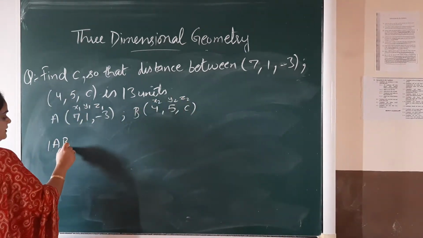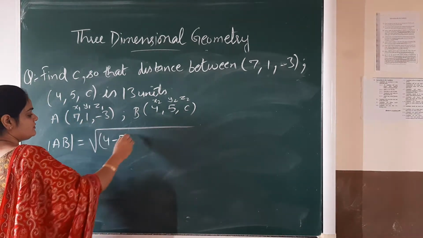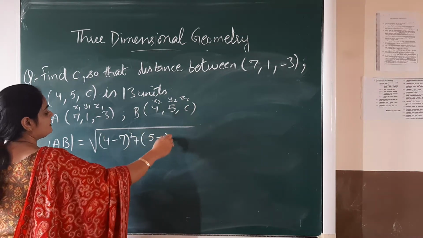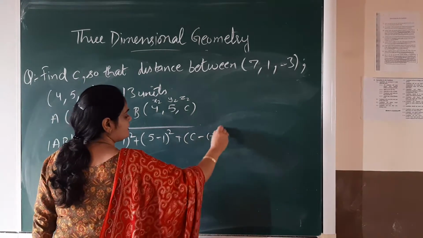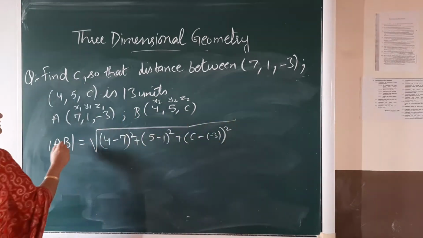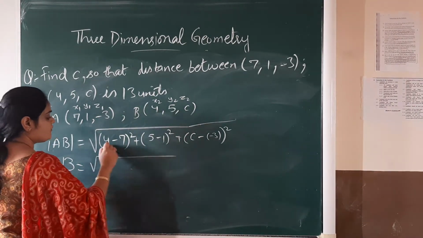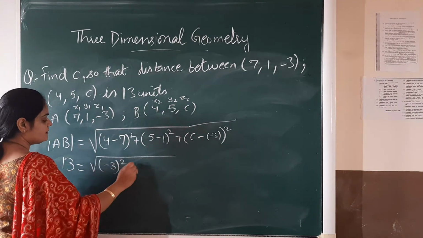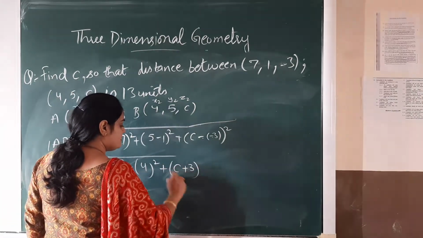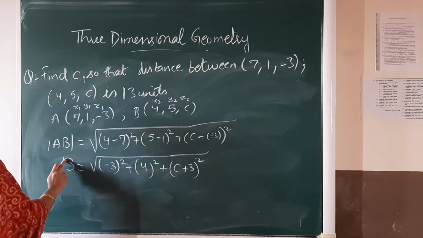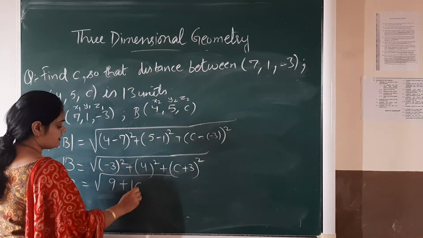So the formula is saying: x2 minus x1 whole square, y2 minus y1 whole square, z2 minus z1, which is C minus (-3), whole square. And the distance is already given, which is 13. 4 minus 7 is -3 whole square, plus 4 whole square, plus (C plus 3) whole square, equals 13. -3 square is 9, 4 square is 16.